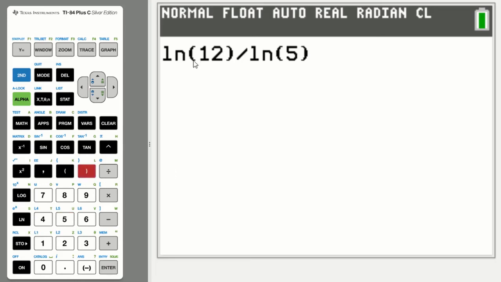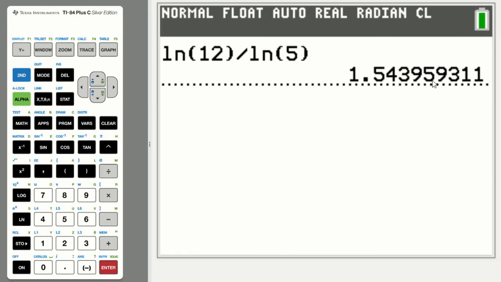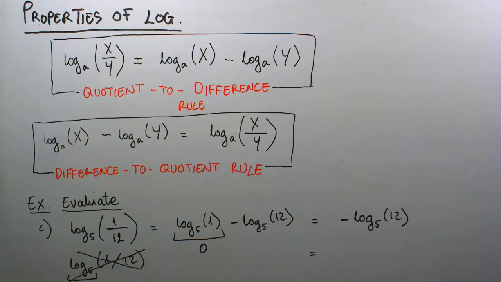Okay, and then once we have an answer for this, the final answer will be negative on my writing board. So this is the answer for positive log base 5 of 12. Now back on my board, just make sure to indicate the answer as negative. So negative 1.54396, and allow me to stop at 5 decimal places.